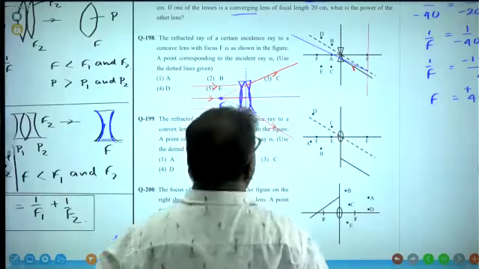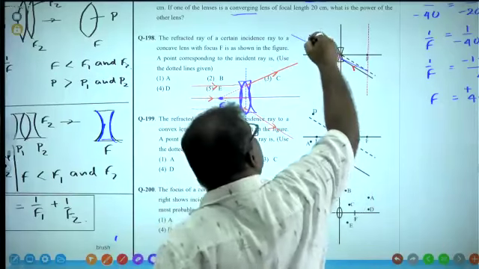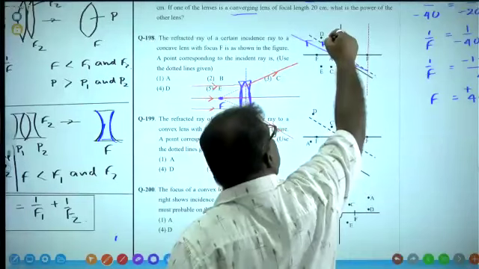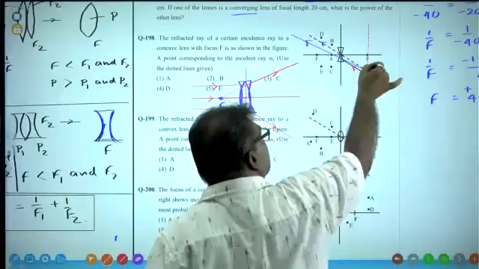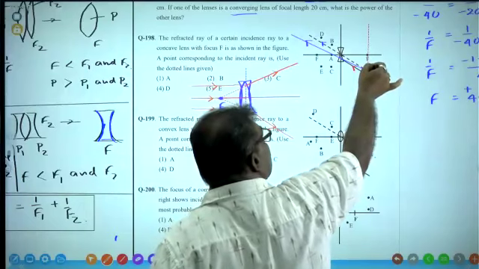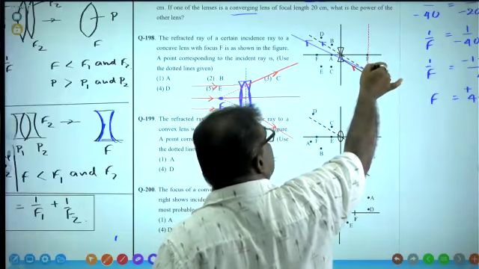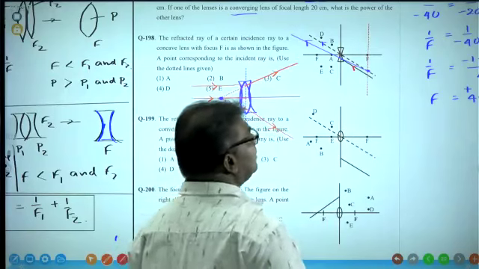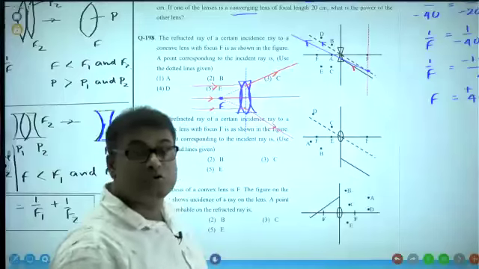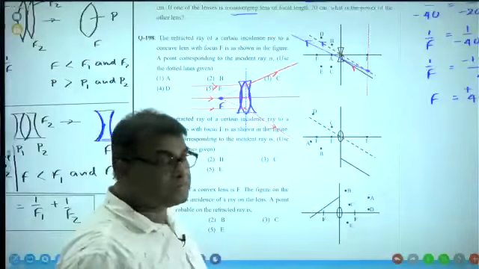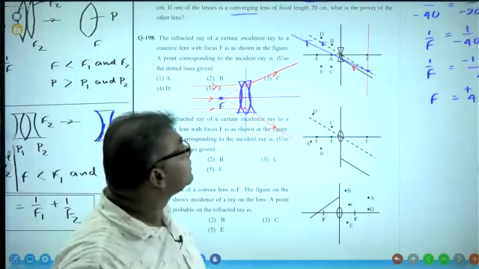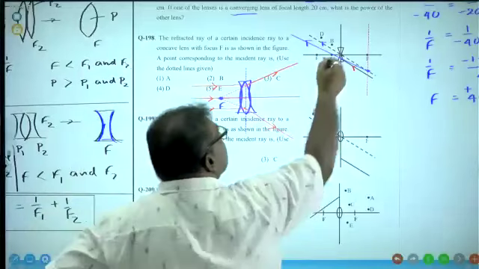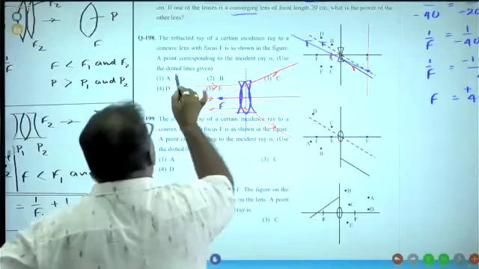Here, this light ray and this light ray should meet at a point. They are meeting at a point right here on the focal plane, which is drawn across the perpendicular line of the focus, right? Okay, then the light ray goes like the point of A, no? This one is the answer, right?